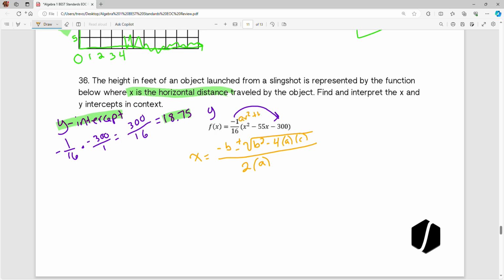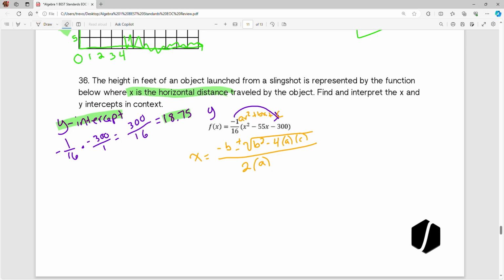So my a here, I'm not concerned about this negative 1/16. I'm just going to factor this out here.